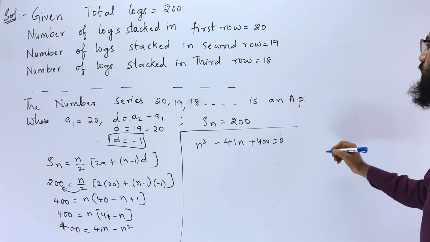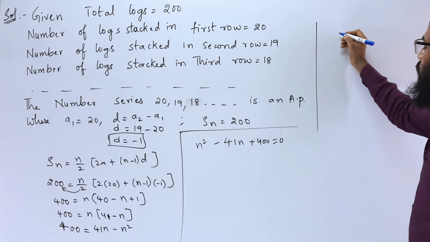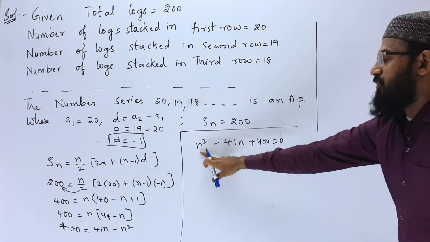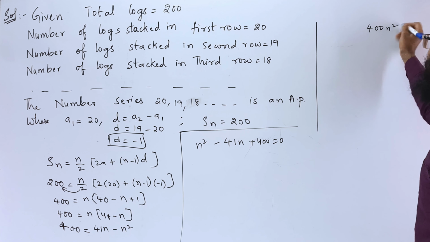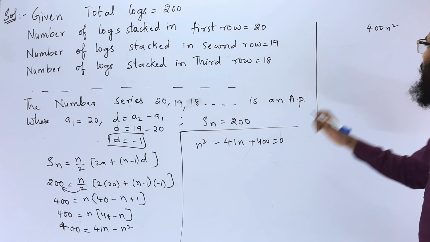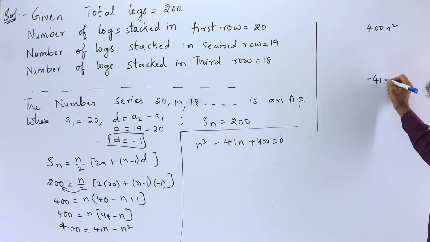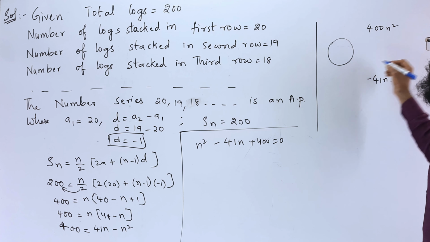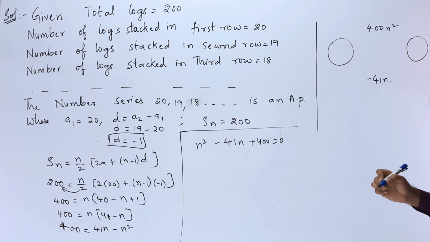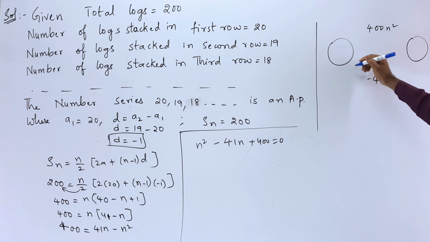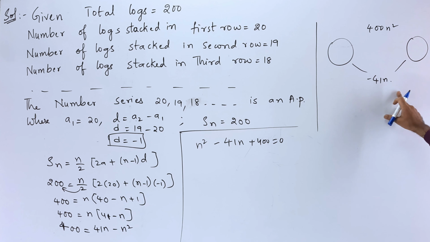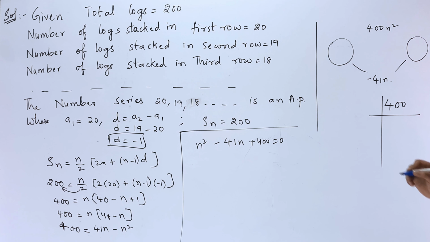Now let us factorize this. If we multiply the first term and the last term, we will get 400n square, and the middle term is minus 41n. We have to think about two numbers such that if we multiply them we get 400n square, and if we add them we get minus 41n. For finding those numbers, let us take out the factors.